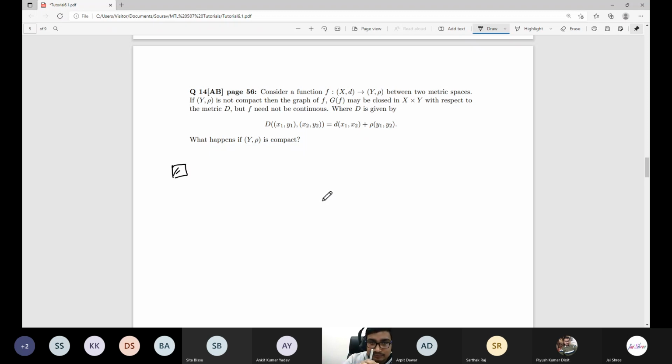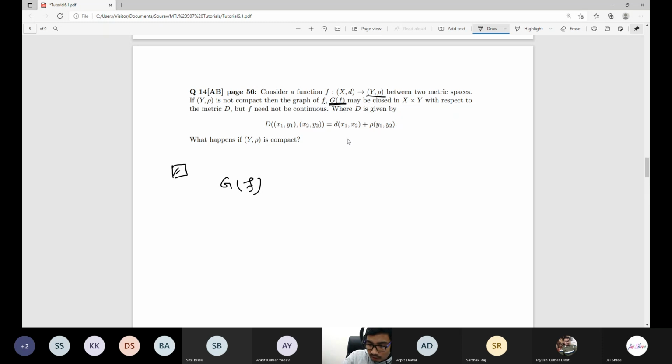There, whether the graph of f is closed or not played a crucial role. But if we take a function between two metric spaces and the range space is not compact, the graph of the function may be closed with respect to the metric, but f need not be continuous.